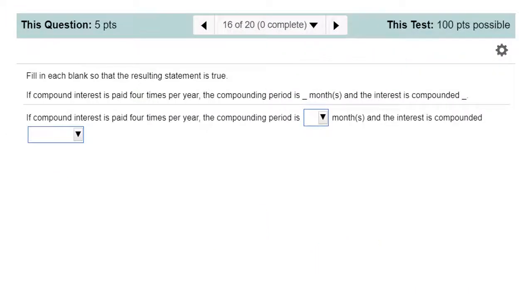In question 16, you basically have to just think about this with compound interest. It says if you're going to pay compound interest 4 times a year, that's what we call quarterly. And quarterly would be every 3 months. Remember, annual would mean N equals 1.